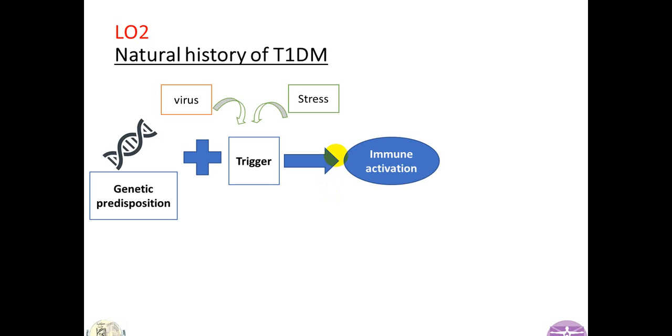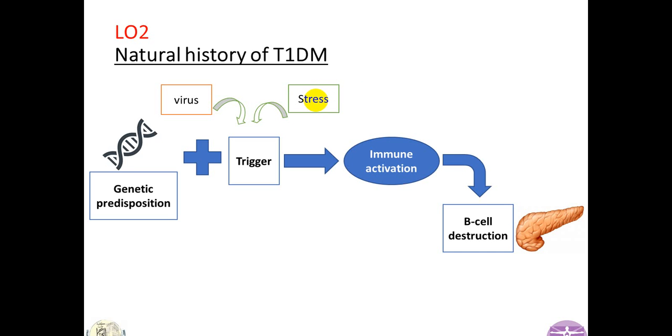So there will be autoimmune activation, especially the GAD antibodies, and we have the anti-insulin antibodies, anti-islet cell antibodies, different types of antibodies, as well as activation of different types of cells like macrophages, natural killer cells and lymphocytes.